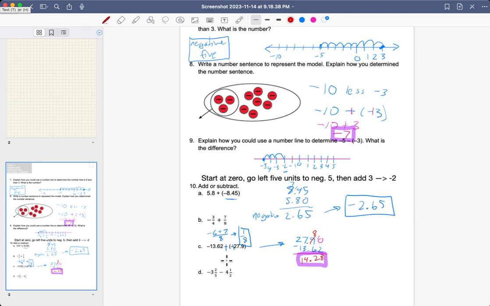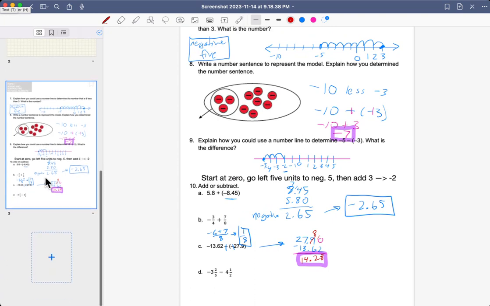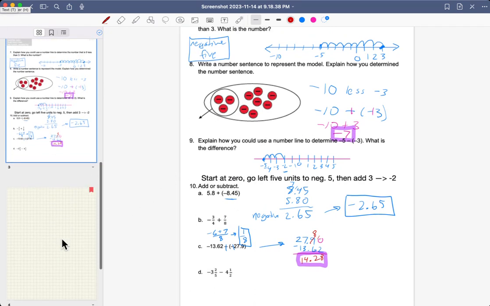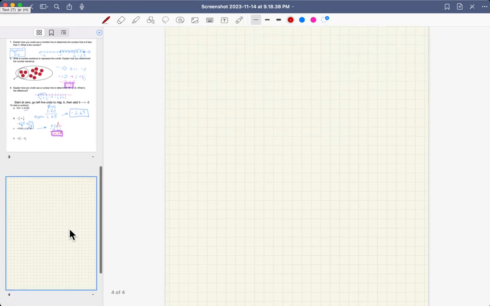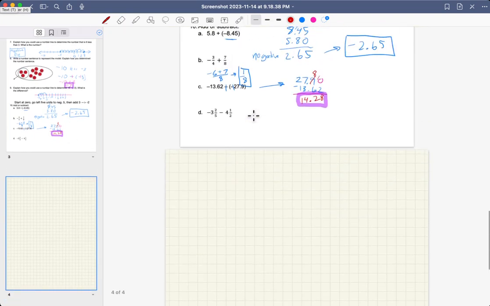And last one. Let's see here. I may need a little bit of space here. Okay. Here we go. Negative 3 and 2/5. Take away 4.5. All right.